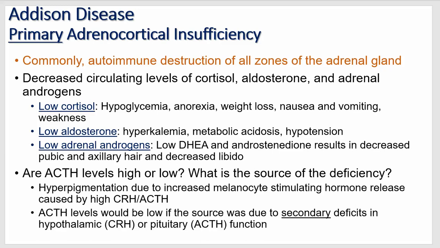If your adrenal gland is not functioning, as in Addison's disease, which is primary, your immune system is attacking and destroying the adrenal gland. Well, the pituitary and the hypothalamus don't know that. They just know that there isn't enough circulating cortisol, and so they're going to increase CRH and ACTH production.